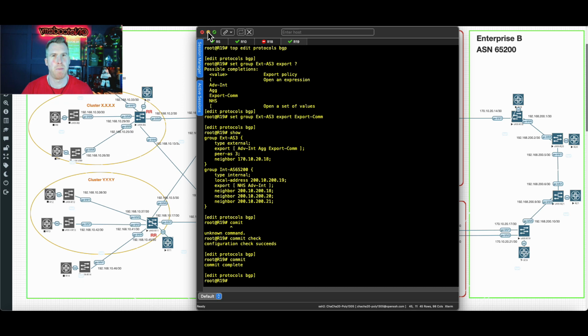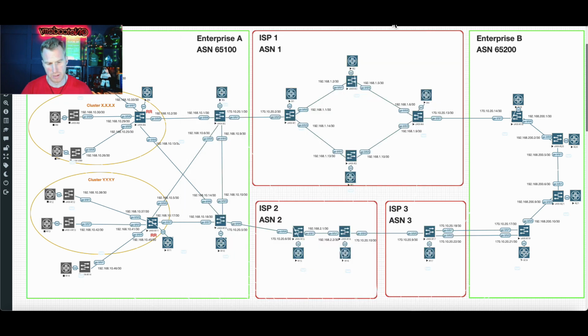And with that now passed, let's just have a quick refresher. What we have done is we have configured, I'm just going to make that brush a bit thicker, it's too thin for my liking. So on router R18 here and on R19 here, we've configured those community strings, and we've imported those into a policy statement.